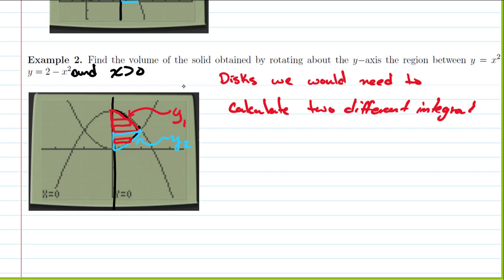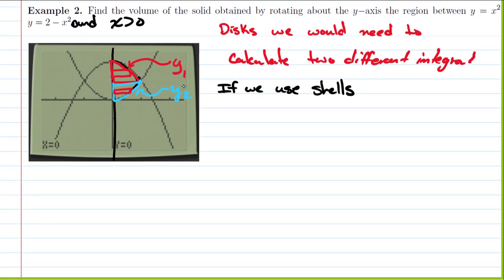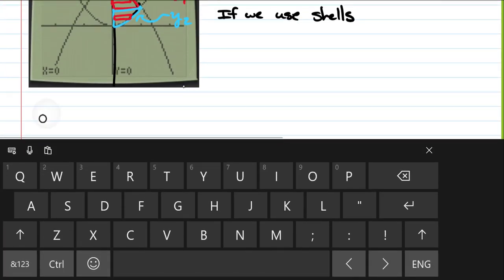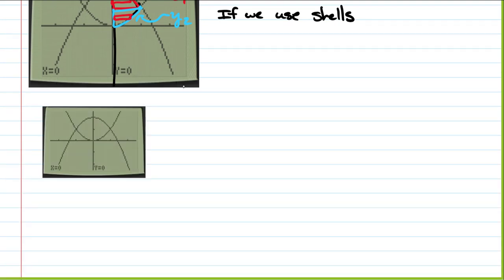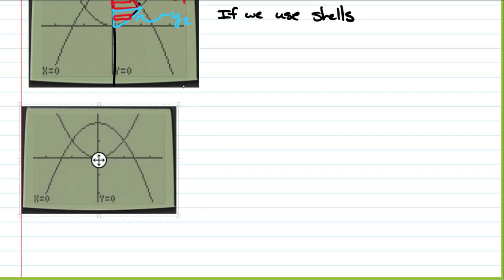Whereas if we use shells, our approximating rectangle can be parallel to our axis.